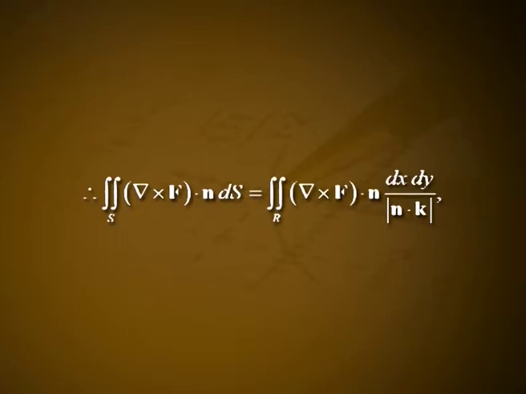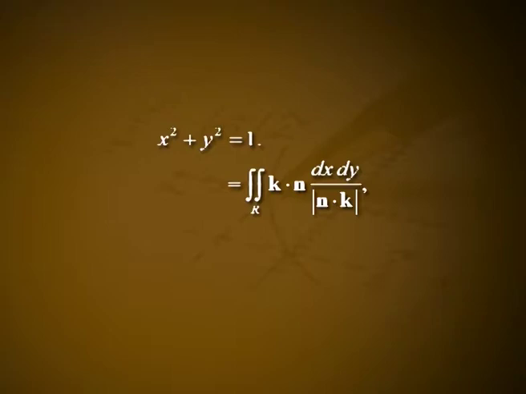Solution. Del cross f is equal to the determinant i j k, dou by dou x, dou by dou y, dou by dou z, 2x minus y, z square, minus y square z, which is equal to k on simplification. Therefore, double integral over S del cross f dot n ds is equal to double integral over R del cross f dot n dx dy by determinant n dot k, where R is the orthogonal projection of S on the xy plane.